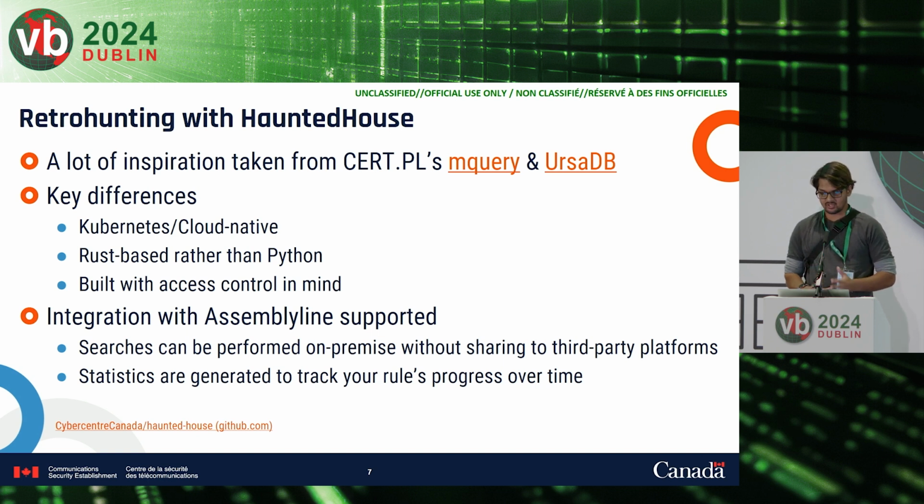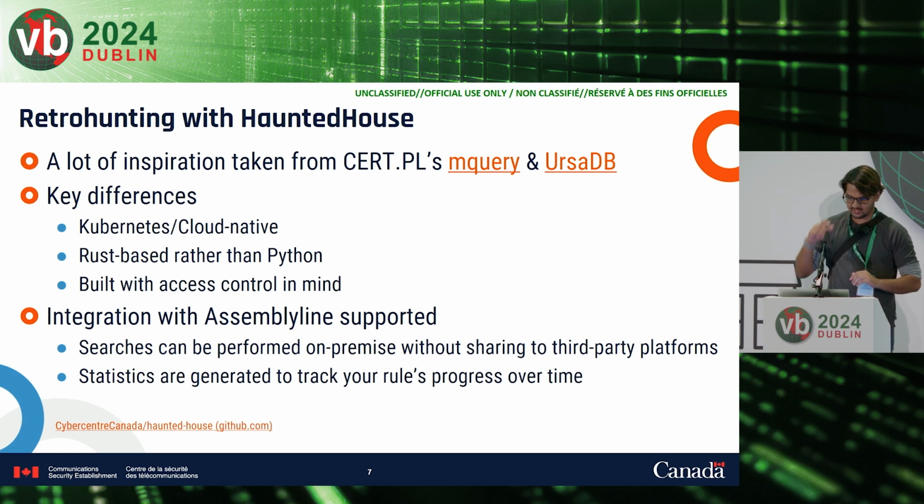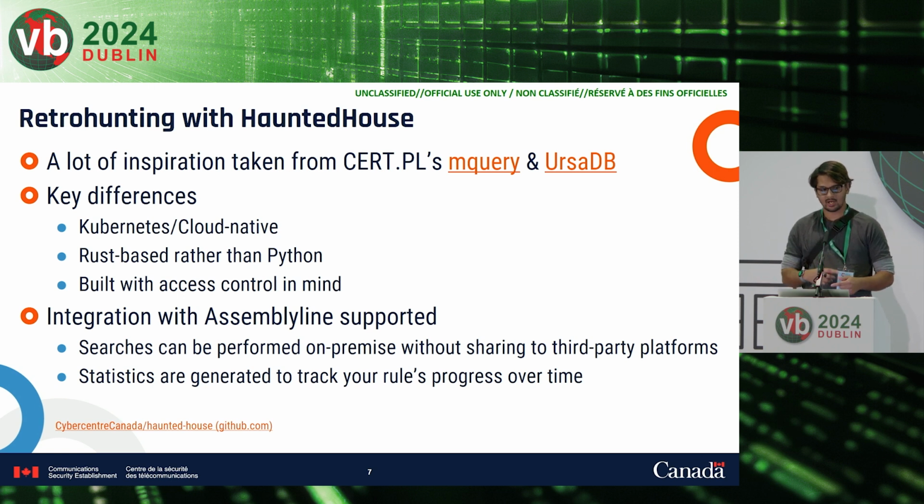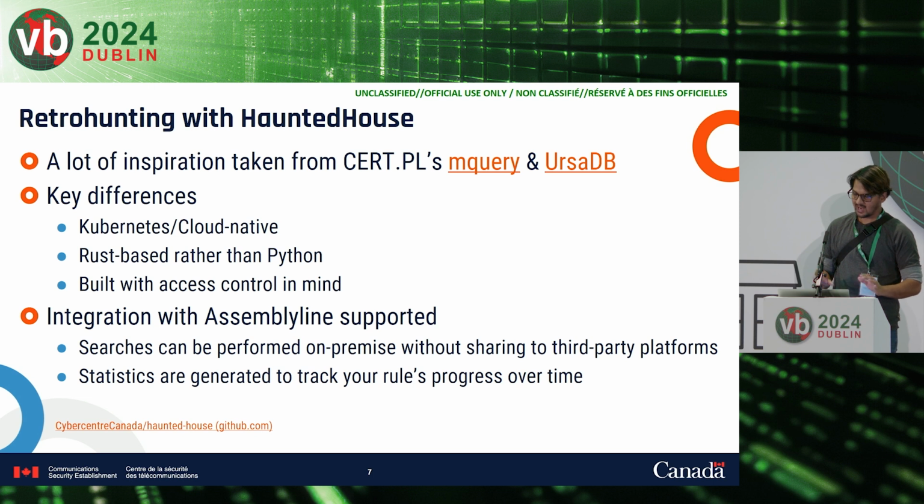But we made some adjustments to tailor it towards Assemblyline and the scale that we would want it at. So for instance, our implementation is more Kubernetes or more cloud focused. A lot of the code is written in Rust as compared to Python, more for performance. And you'll see in the notes that it's built with access control in mind.